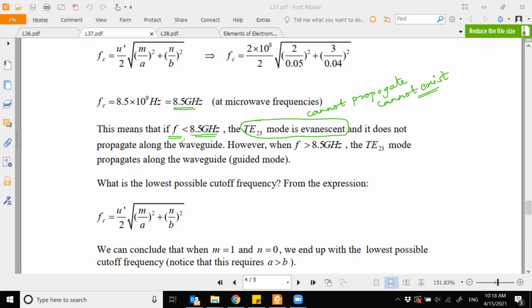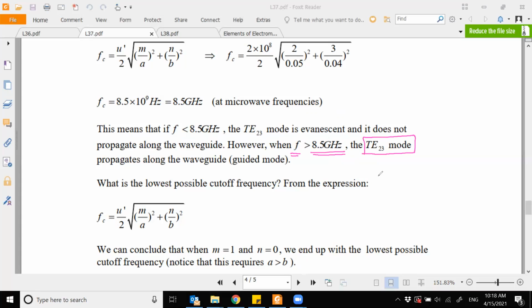But if the operating frequency of the microwave signal which I use to generate my electromagnetic wave and transmit through my rectangular waveguide is greater than 8.5 gigahertz, that means my TE2,3 mode exists. It can propagate, and it is called a guided mode. So this is for TE2,3.